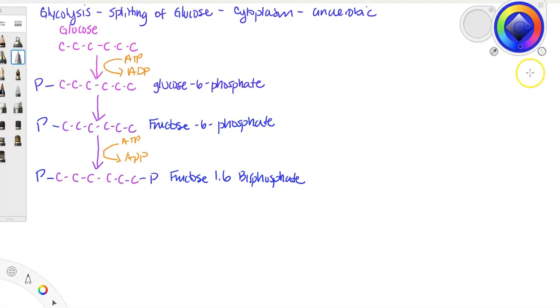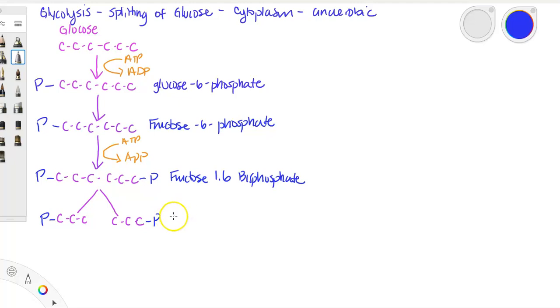So then it splits. So we split and we get 2 3-carbon molecules, each with a phosphate.